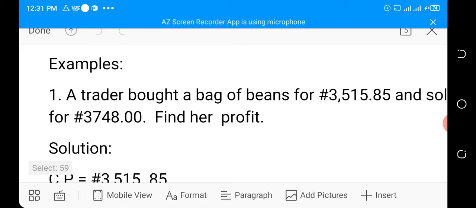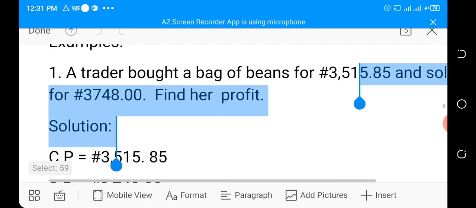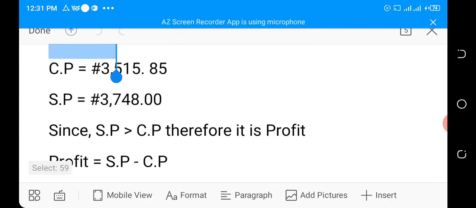Here you are given cost price, which is the amount we paid. That is, you are given 3,515 naira 85 kobo as your cost price. For the selling price, you are given 3,748 naira. If you look at this, you will see that the selling price is greater than the cost price.